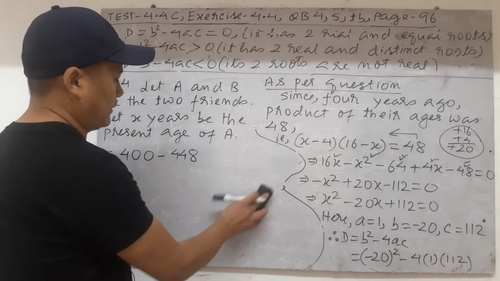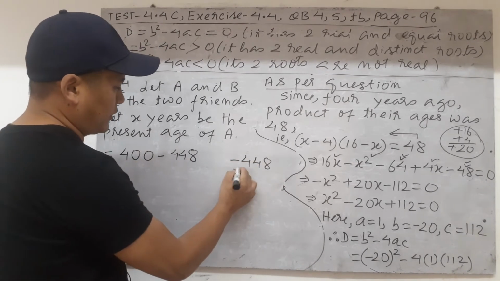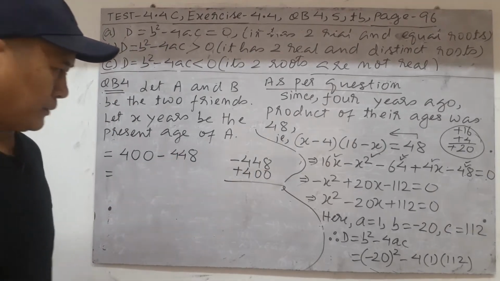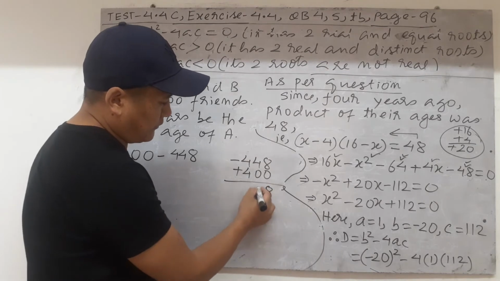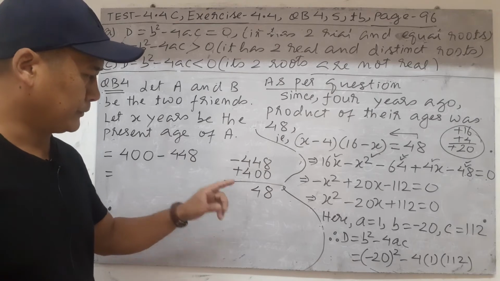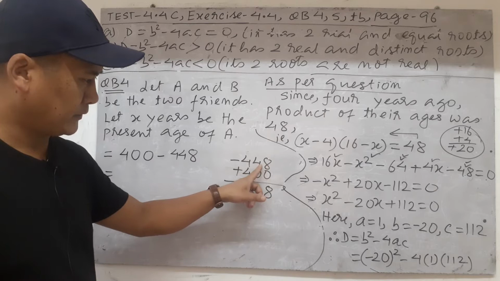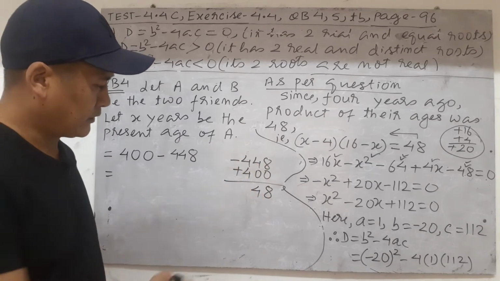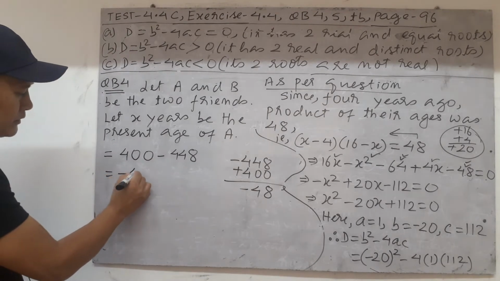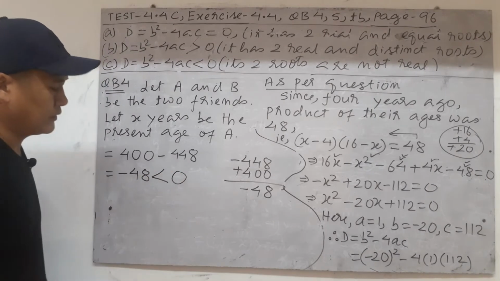When it is like this, the bigger absolute value, minus 448, we put up, and the smaller absolute value, plus 400, we put down. Minus plus means subtract, so 8 minus 0 is 8, 4 minus 0 is 4, and 4 minus 4 is 0. The bigger absolute value is 448, bigger than 400, and its sign is minus, so the answer is minus 48. Plus 400 minus 448 is minus 48, and a minus number is definitely smaller than 0.